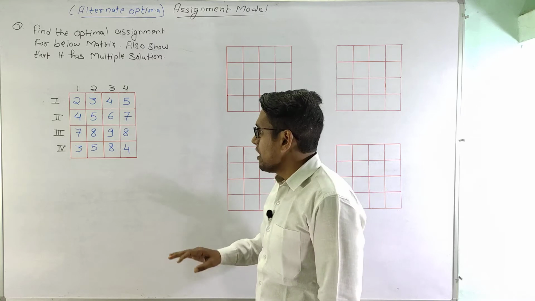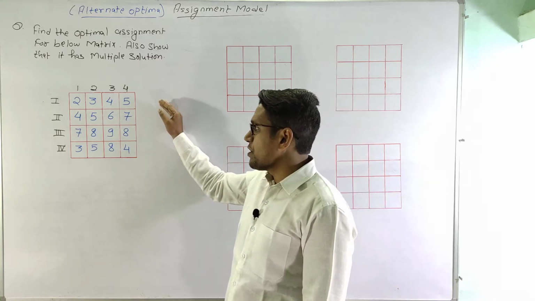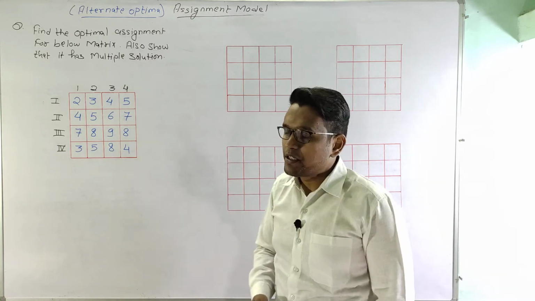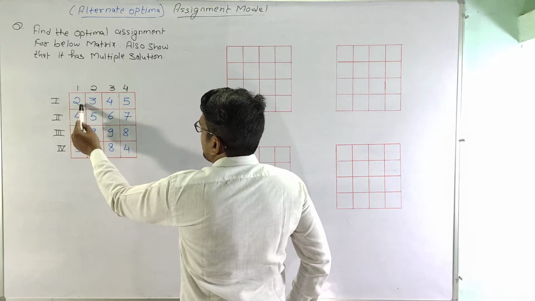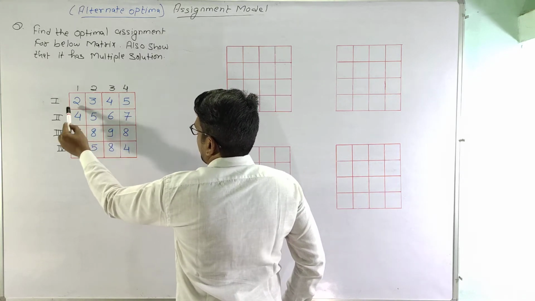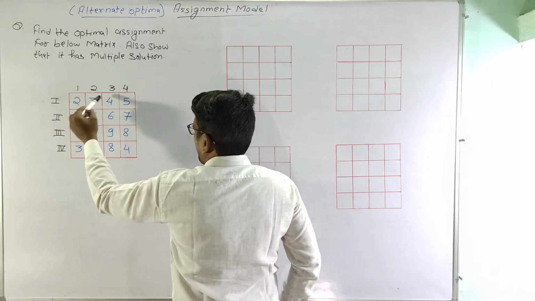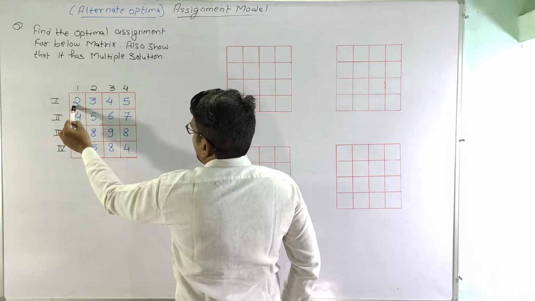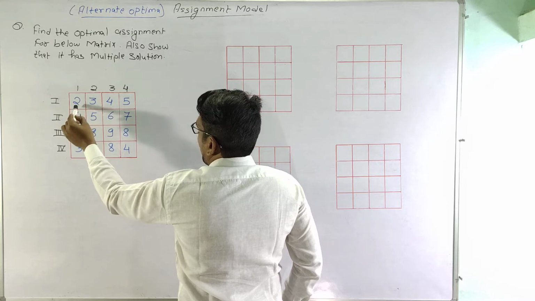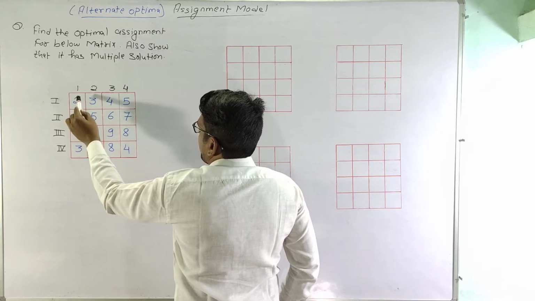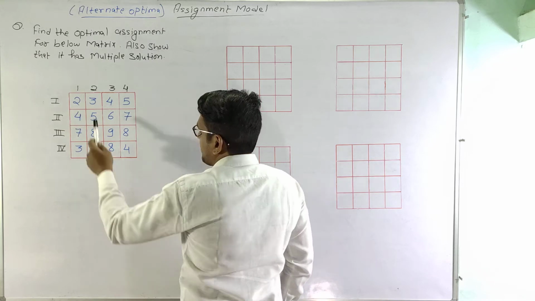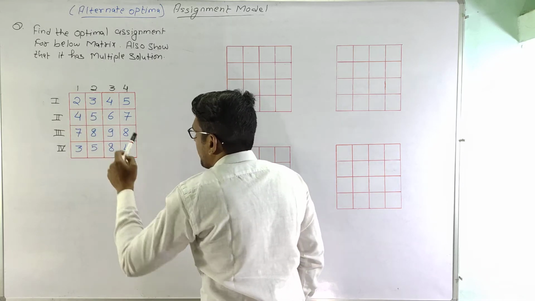For that we will first do the row reduction and then the column reduction. In row reduction we will select the minimum value in a row. Suppose for row 1 the minimum value is 2, and all the elements of this row are subtracted by this minimum value. Similarly it can be done for column reduction for each column.